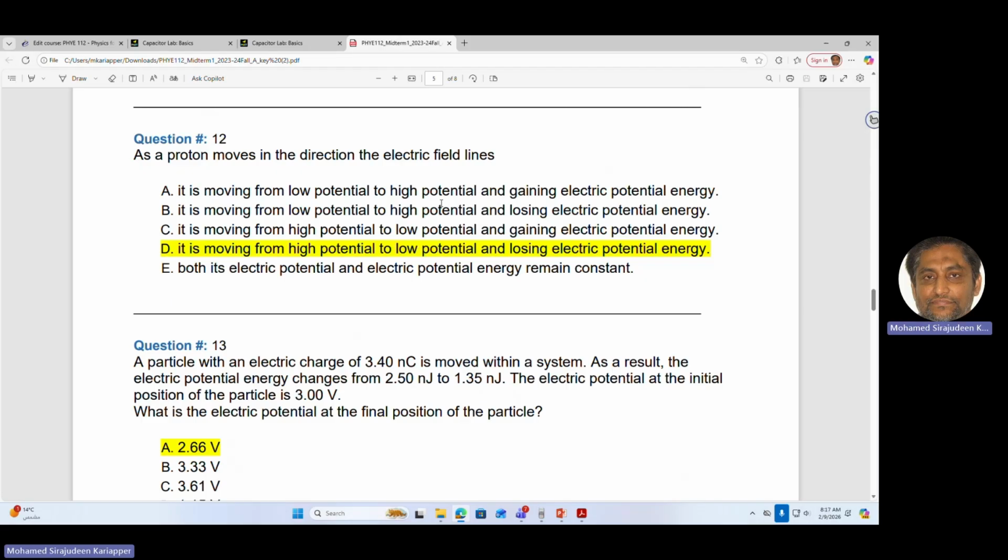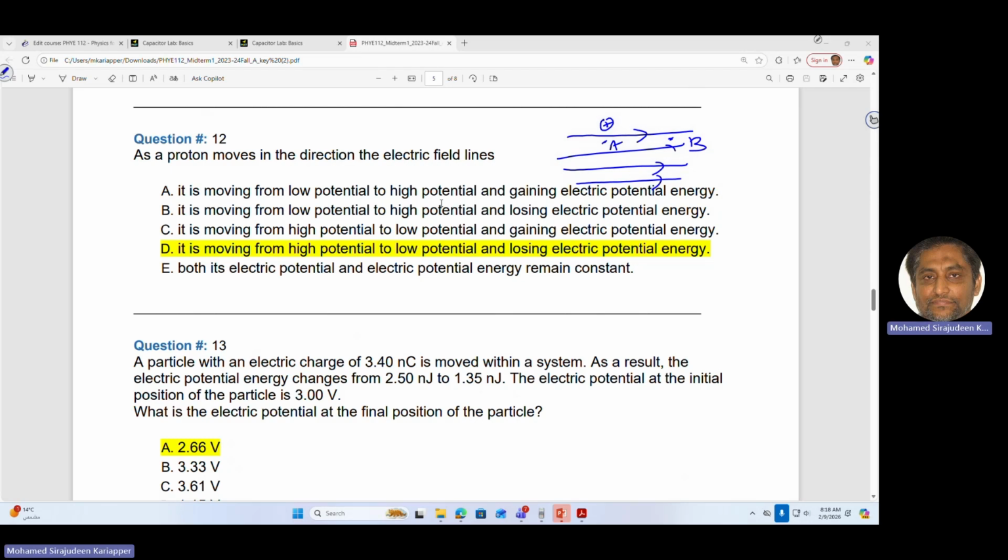As a proton moves in the direction of the electric field lines, so let me draw electric field lines. So let's say there are electric field lines going from left to right like this, and you take a proton, let me put it like that, and say it moves from point A to point B. So along the direction of the electric field, one thing you should remember is, if you move along the electric field line, what happens to the potential?